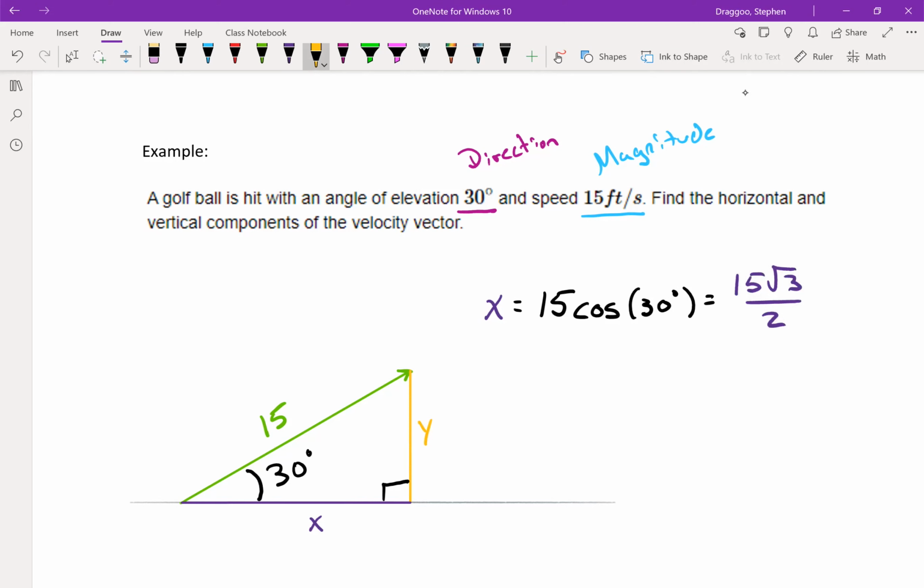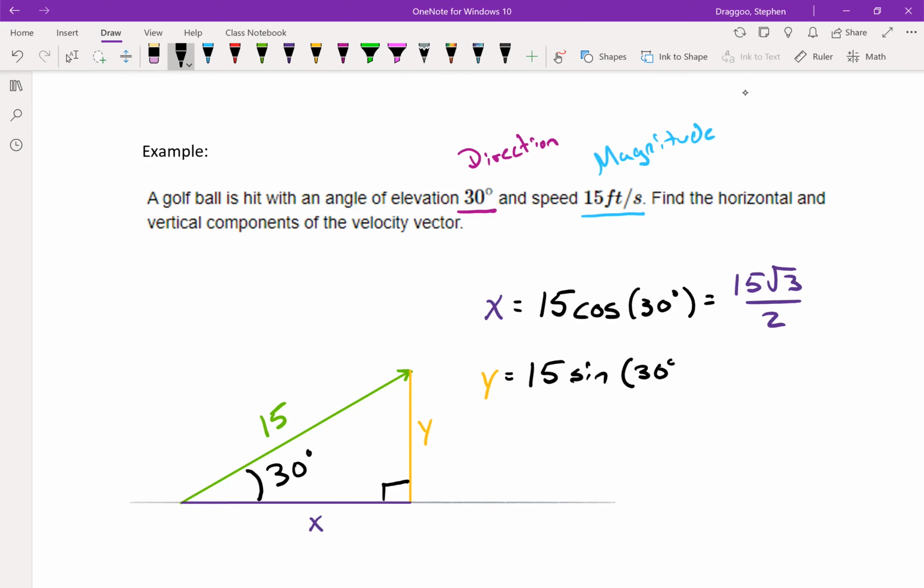Then the y component, which is the opposite side, if we wanted to relate sine and an angle and the hypotenuse together, then we'd have that the sine of 30 degrees is equal to opposite over hypotenuse. So that opposite side y should be equal to the hypotenuse times the sine of theta.